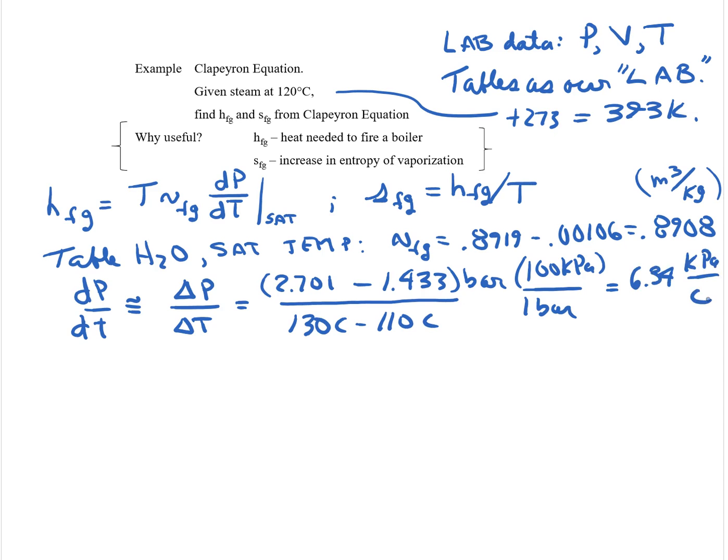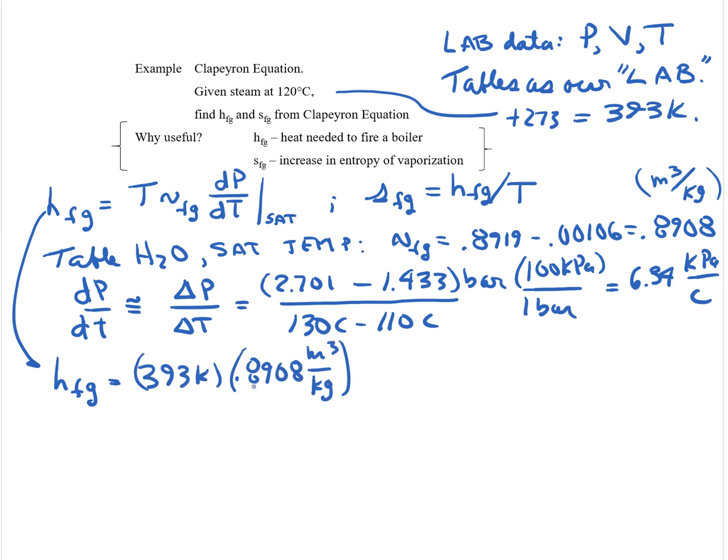All right, so now I'm going to use this to compute my HFG. My temperature is going to be 393, my specific volume change is going to be 0.8908 meters cubed per kilogram, and my pressure derivative is going to be 6.34 kPa per centigrade.